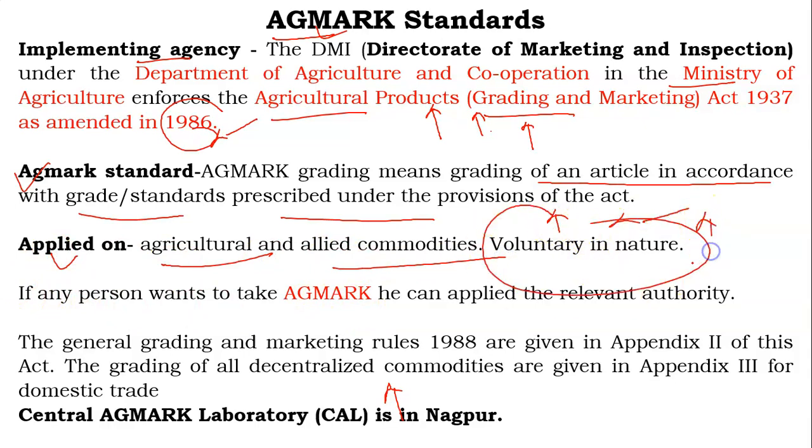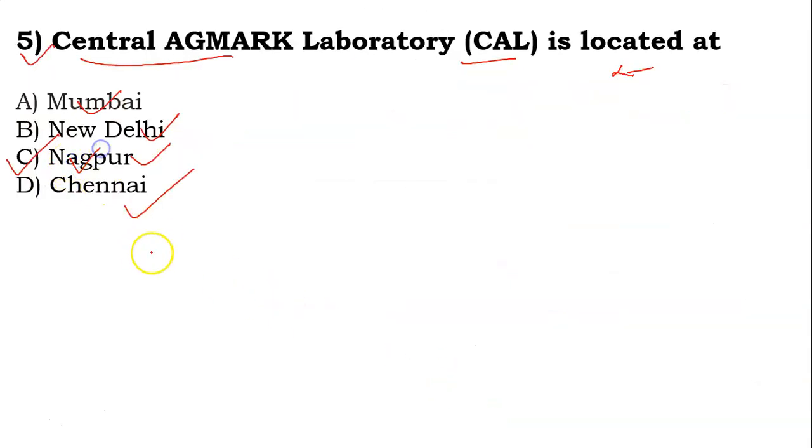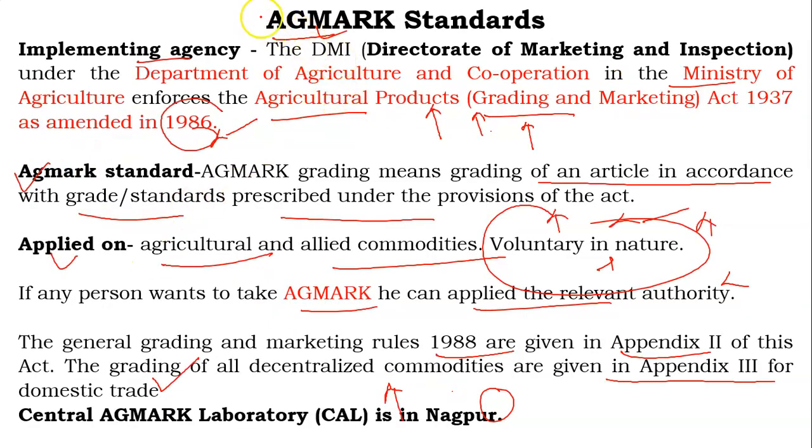It is not enforceable on every commodity, and if any person wants Agmark, he can apply to the relevant authority. The General Grading and Marketing Rules 1988 are given in Appendix 2 of this Act, and the grading of all decentralized commodities is given in Appendix 3 for domestic grade. I have already told you the Central Agmark Laboratory is located in Nagpur, so your answer will be Nagpur. This was the brief information about the Agmark standard.